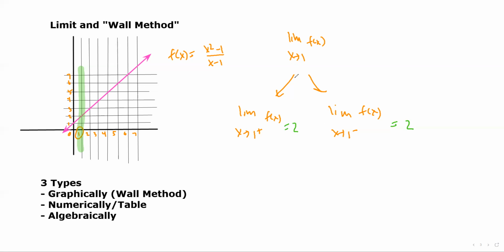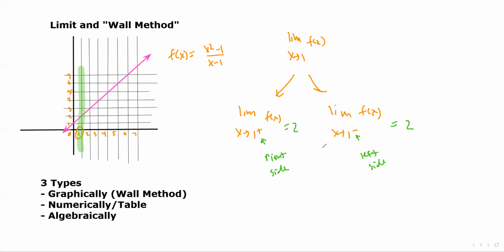Before I declare what my answer is, the plus sign here indicates it's going from the right side. We're looking at the right side of the graph. The negative sign here indicates we're looking at the left side of the graph. If they both go to the same value, then we have our limit.